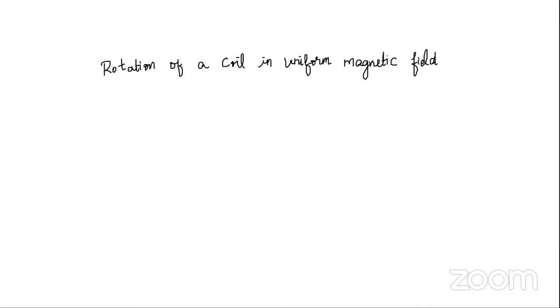For that, let us consider the magnetic field represented by these lines. This is B. All these lines represent the magnetic field.